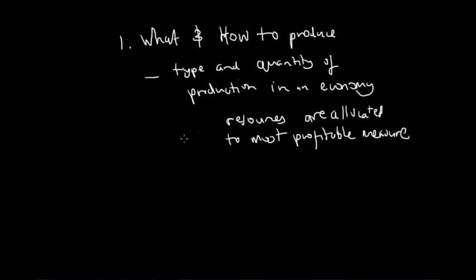Now let's look at the second question. The second economic question is how to produce. This question refers to the method of production to be selected by firms and individuals for making each particular good and service.